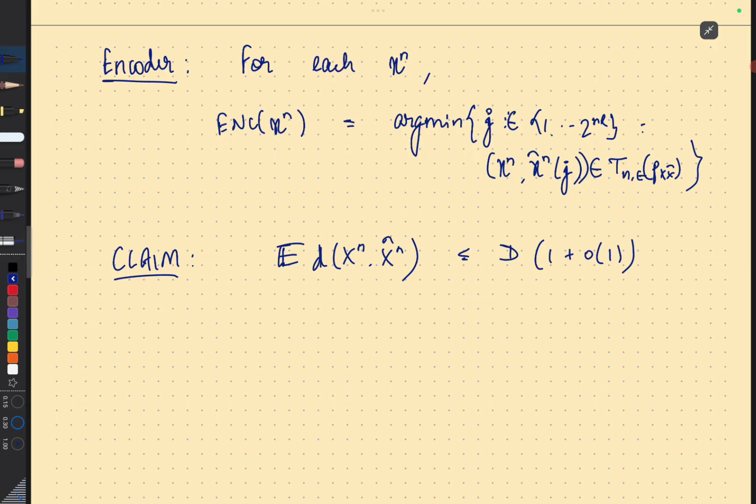So for example, how many times does (0,0) occur? In this case, there's only one occurrence of (0,0), so the joint type of x, x hat would be 1 divided by 7. Similarly, what is the frequency of occurrence of (0,1)? I see here there are two occurrences, so that's 2 divided by 7, and so on.